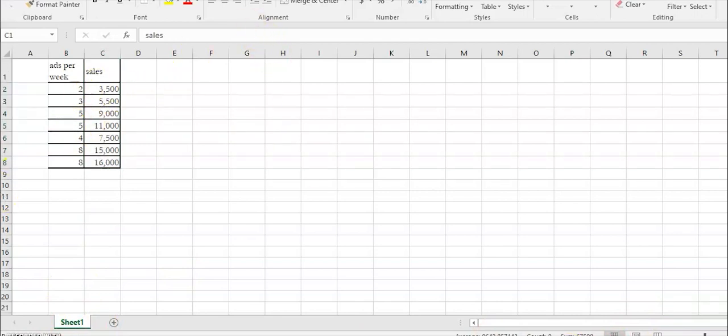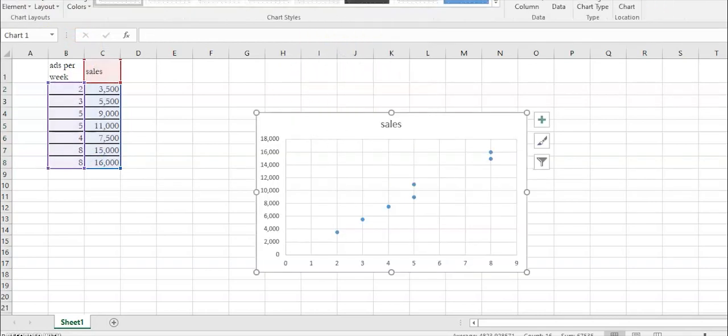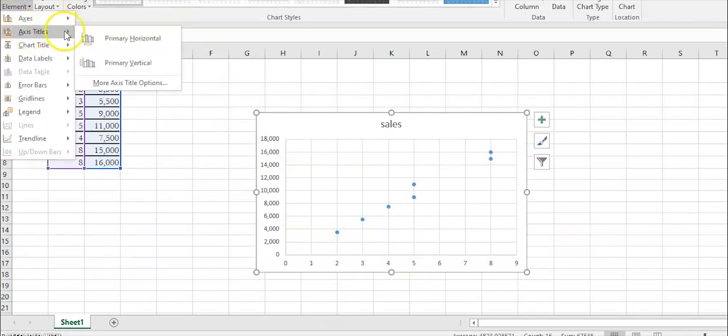Next, what I'm going to do is, as I did before, I'm going to select my data, and I'm going to go Insert, Scatter Plot. Oh, my mouse is having a mind of its own. And there we go. There's the relationship, and we should put our labels on the axes.